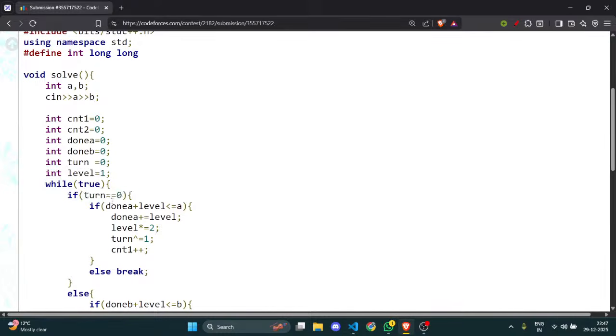Okay. So I have denoted that if turn is 0, this is a white layer. If this is a white layer, I would require level amount of chocolate, and done is the chocolate I have already used. So if done A plus level, so if I have already used 5 kgs of chocolate and here I require 4 kgs, then in total it would be 9 kgs.